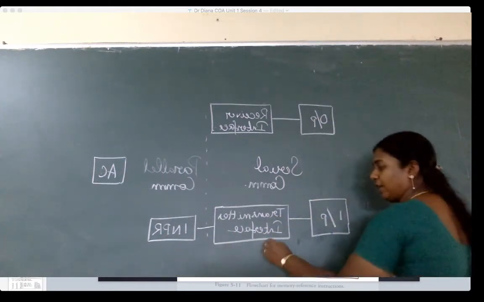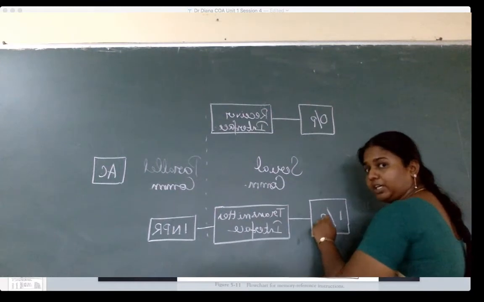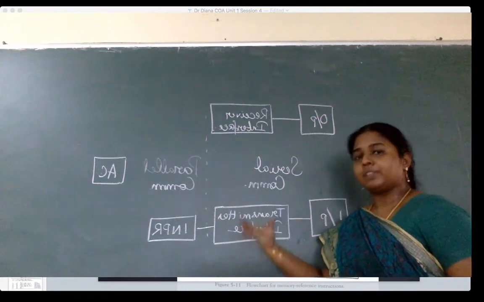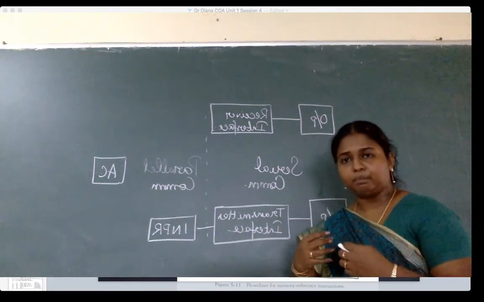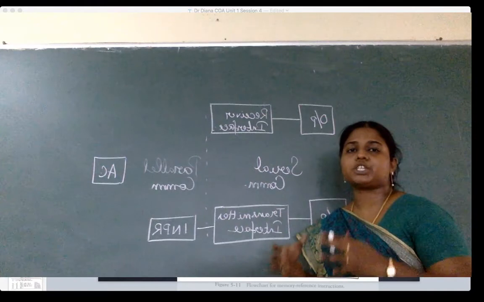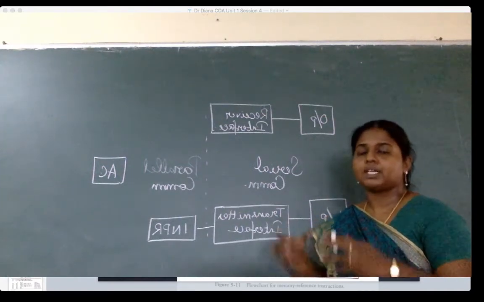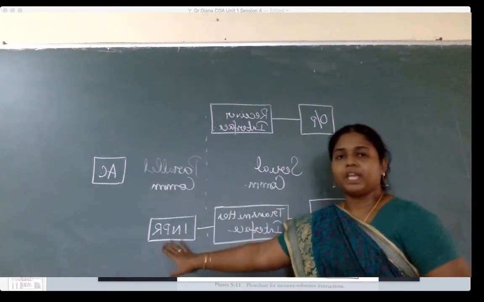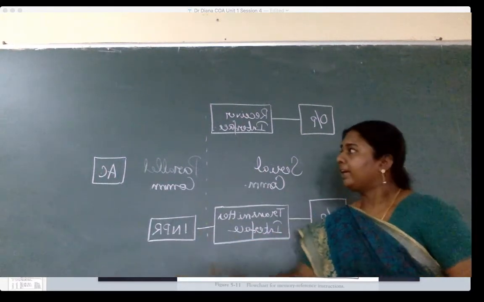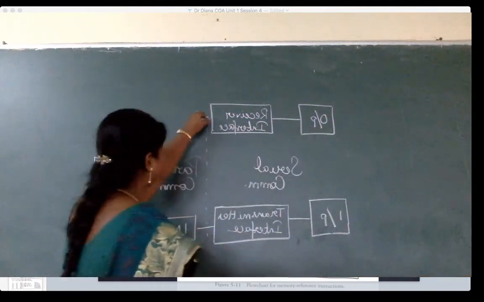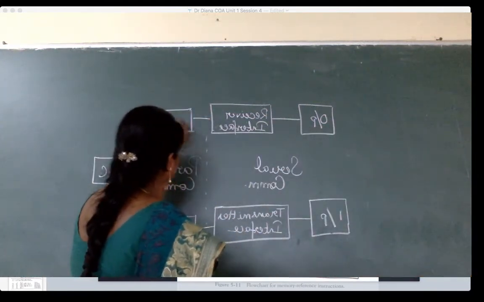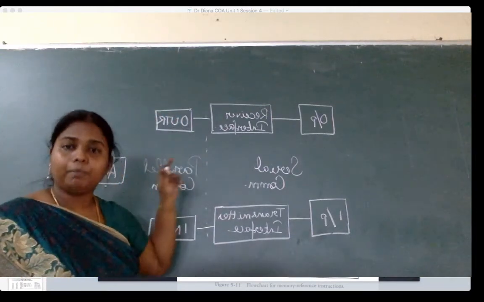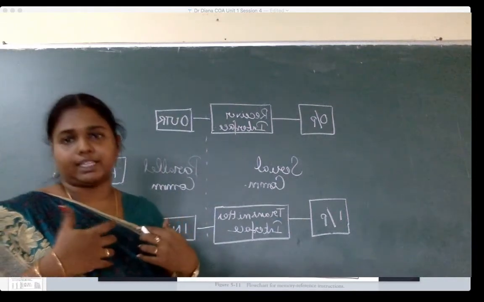In the interface, the input terminal will start sending bit by bit to the interface. The interface will collect bit by bit. It will wait till it finishes collection of all 8 bits, and once it has collected all 8 bits, it is going to put it inside the input register. Clear? Now, the same thing is applicable to the output unit also. The output unit is not capable of receiving all 8 bits at the same time.